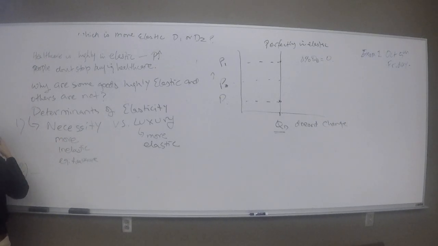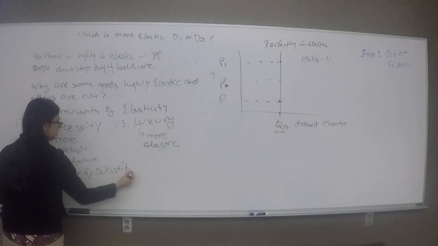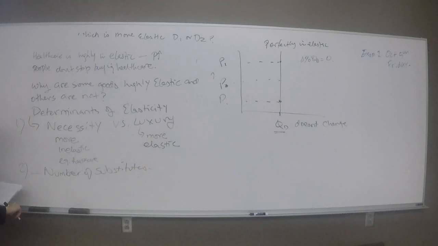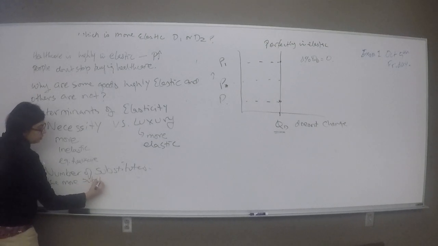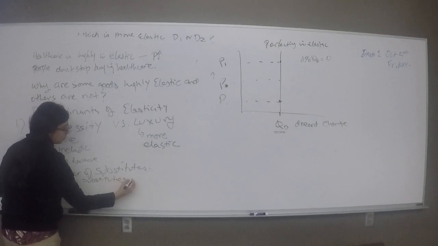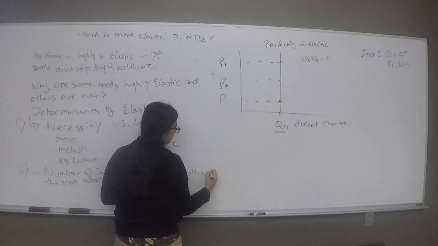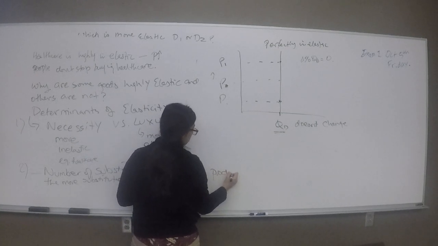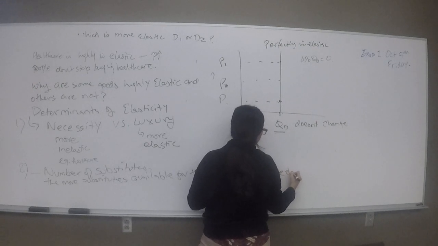Number two is number of substitutes. The more substitutes available for the product, the more elastic.